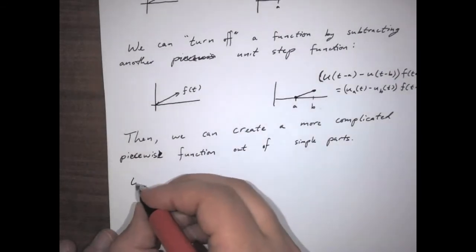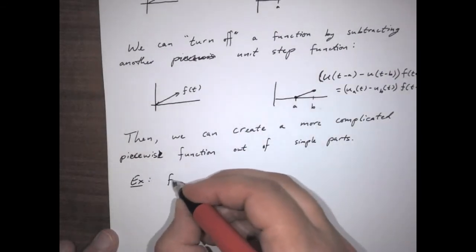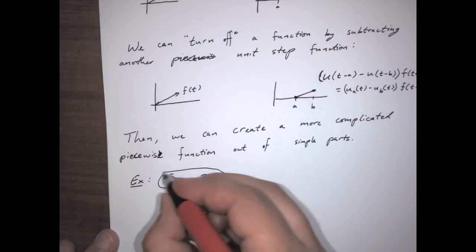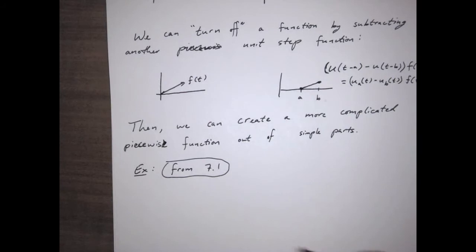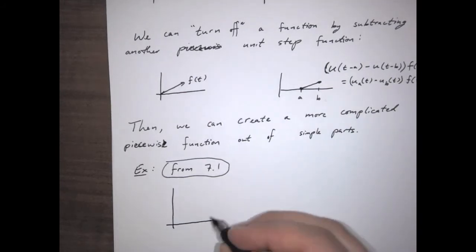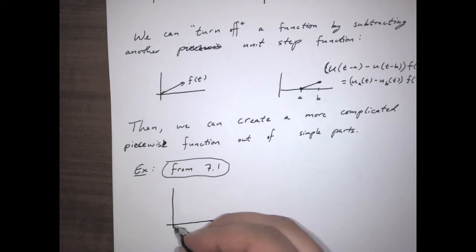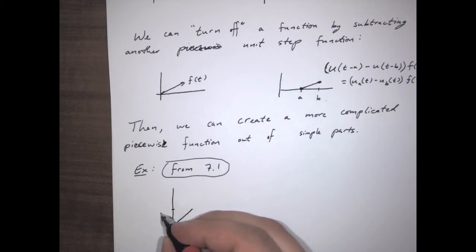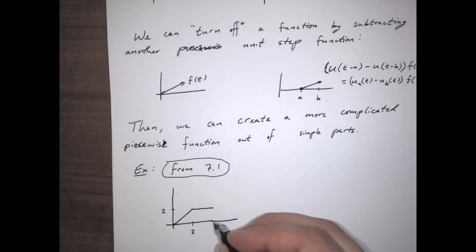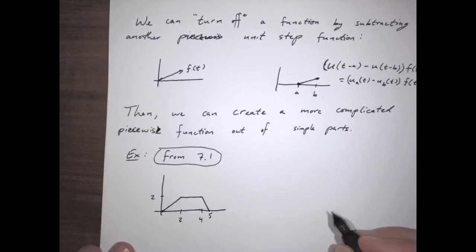So for example, and this is an example that was from 7.1. Let's say that the function that we had was something like this. So it was going up from 0, 0 to 2, 2. Then it was going horizontally till it reached 4, 2, and then it started coming down, and it came down at 5.